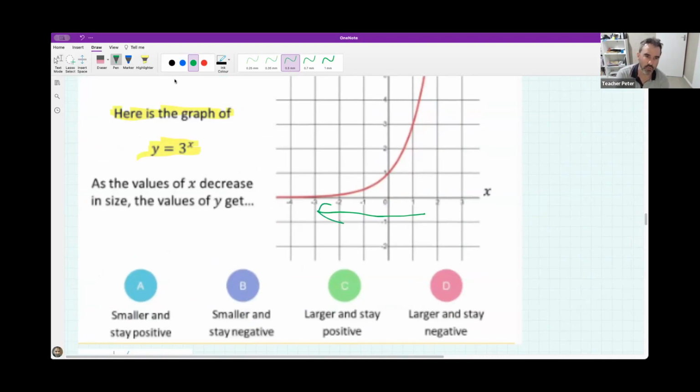The values of y get what? Is it A, B, C, or D? Pop your answer in the chat.